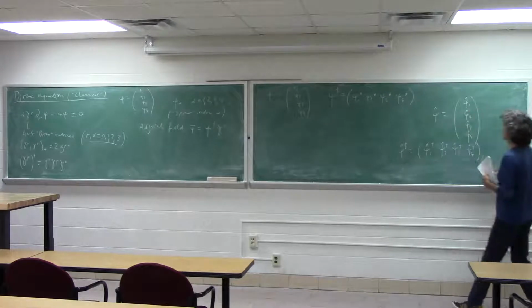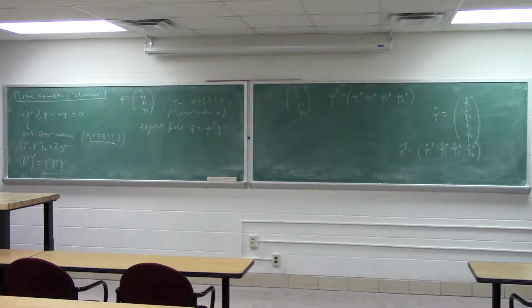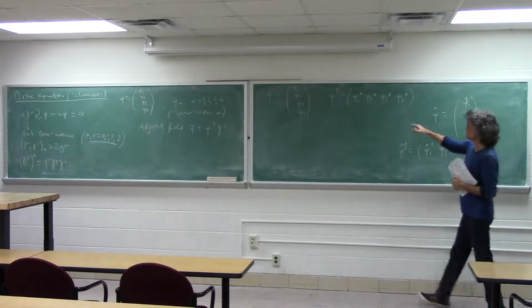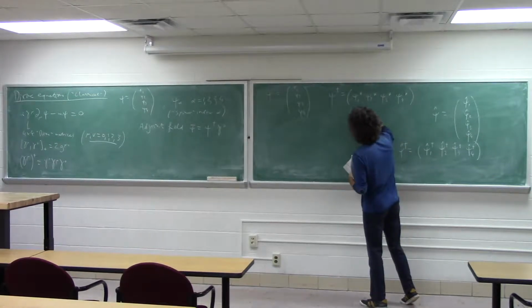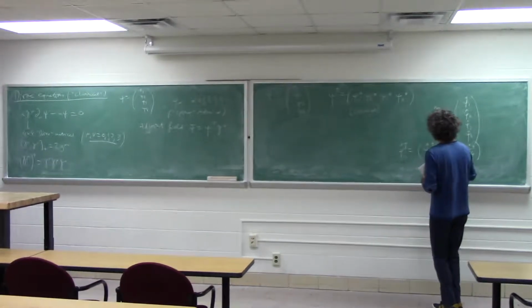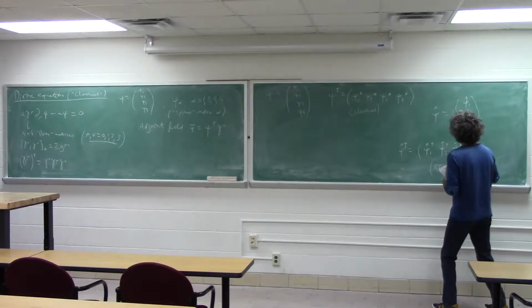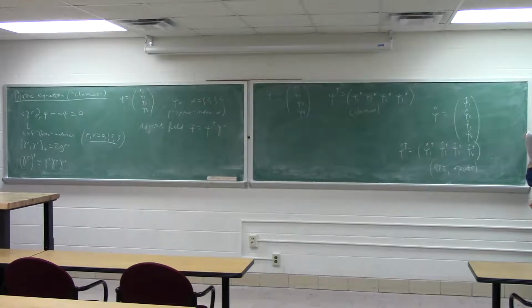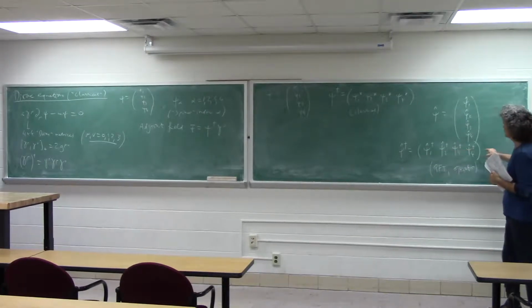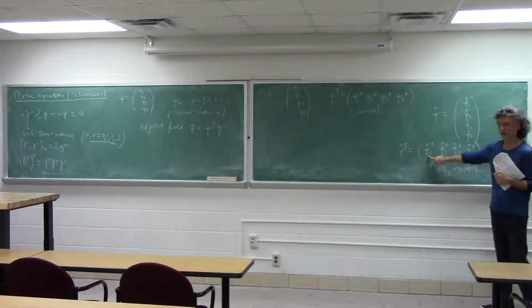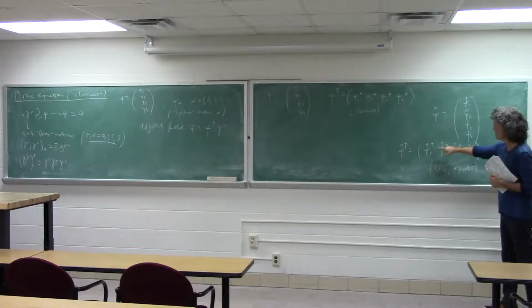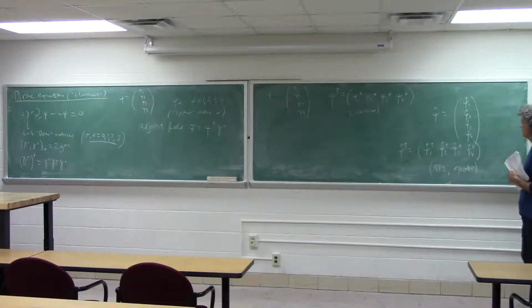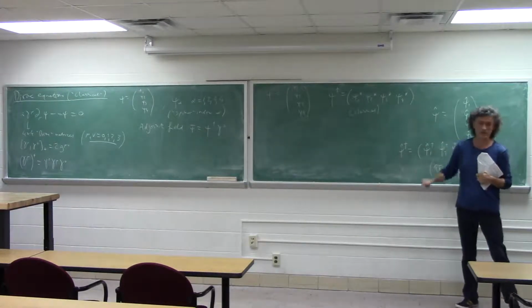So this is at the classical level, and this is at the quantum field theory or operator level. The Hermitian conjugate of the Dirac field is a row vector of these operator entries, for each of which you take the Hermitian conjugate instead of the complex conjugate.